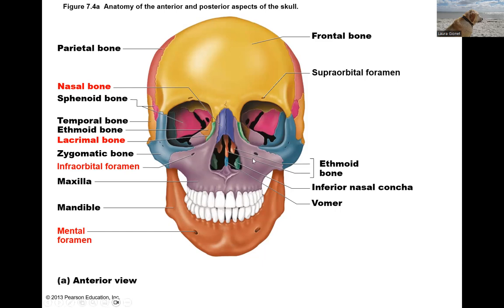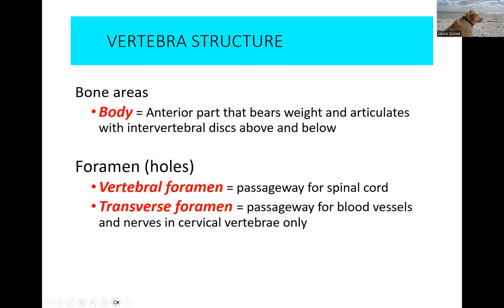And the holes in those are the infraorbital foramen, the mandible, which is the jaw. You can see clearly now the mental foramen. And then we move on to the vertebra.